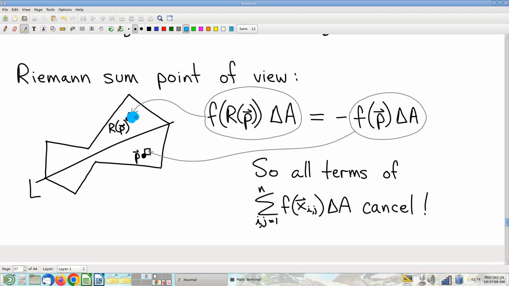Any little piece in your Riemann sum, because of the symmetry of the domain, there is a corresponding reflection piece on the other side. So they pair up. Because of the oddness, you get a minus sign. These pieces have the same size, but opposite values of the function. So these two terms in the Riemann sums are opposites, and they cancel, and everything cancels, and there's nothing left. So it's morally equivalent again.